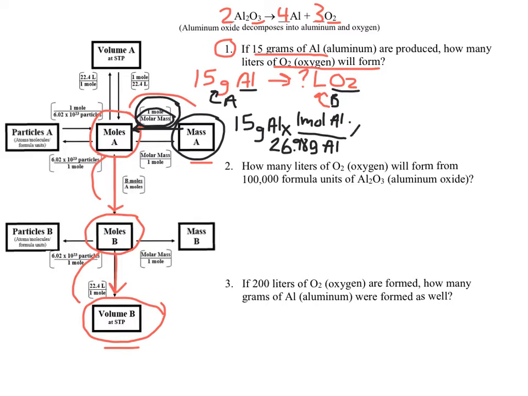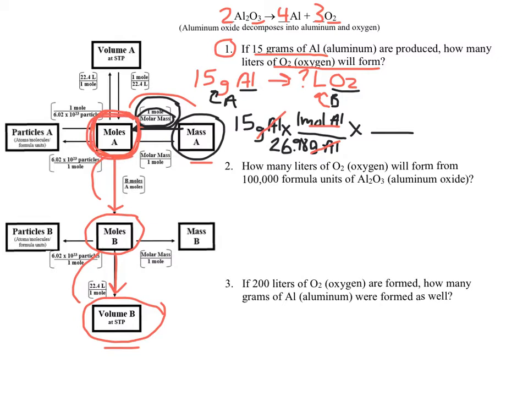Before I move on to my next step, let me make sure that my units are going to cancel out and I'm going to head where I need to go. So grams of aluminum and grams of aluminum are diagonal to each other. One's in the numerator, one's in the denominator. So that means they're going to cancel, which is good, because now I'm left with on top moles of aluminum, and that's where I should be because I ended with the island mole of A. Now I'm good there.